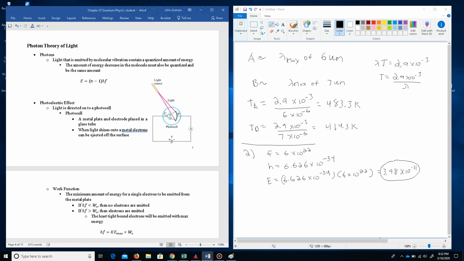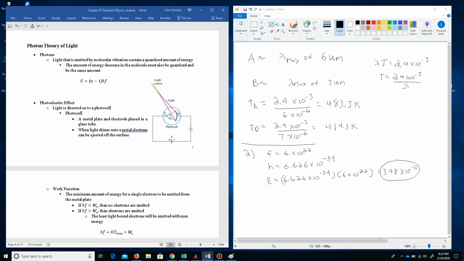And so what we end up getting into is a couple of theories of light. This is one that deals with photons and the photon theory of light. The photon itself is that light is being emitted by molecular vibrations contained in a quantized amount of energy.